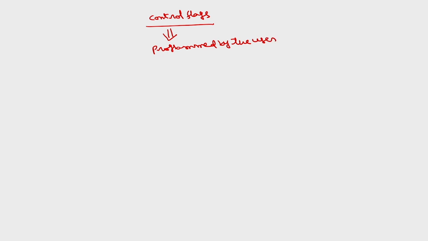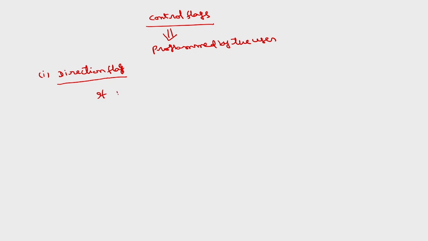He can set or reset these 3 flags. There are some instructions to set and reset the control flags. The first control flag is the direction flag. If the direction flag is set to 1 by the programmer, there is an instruction for setting the direction flag.